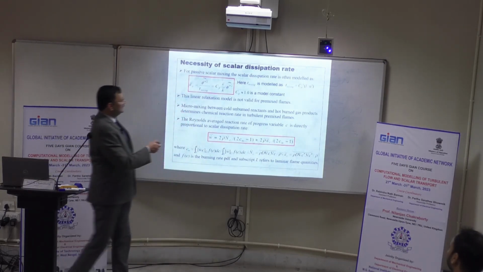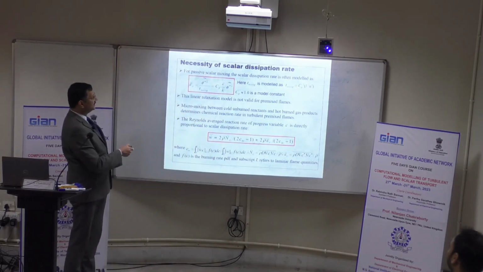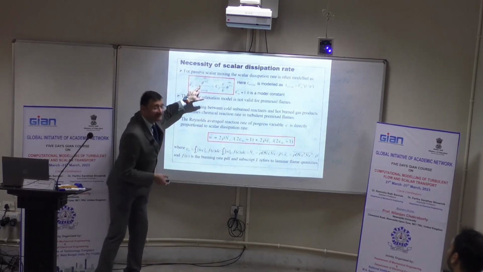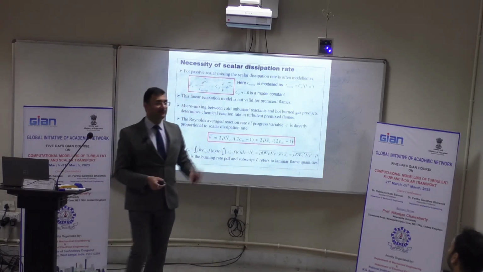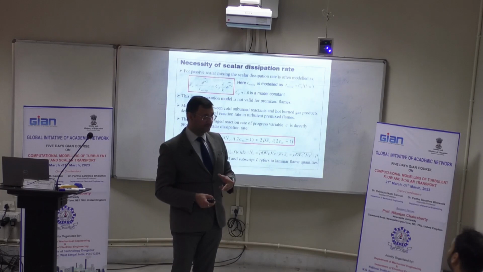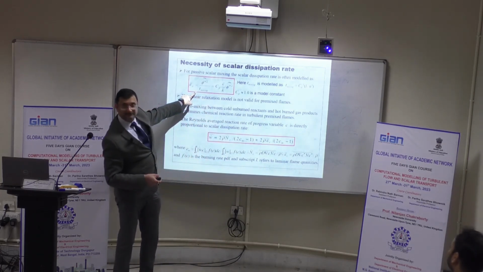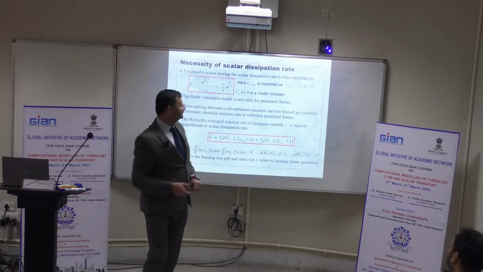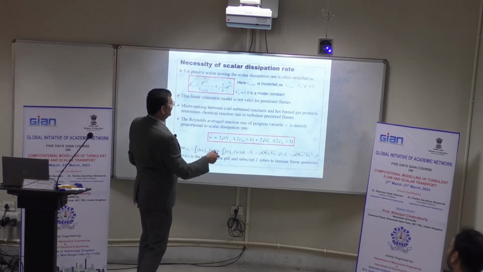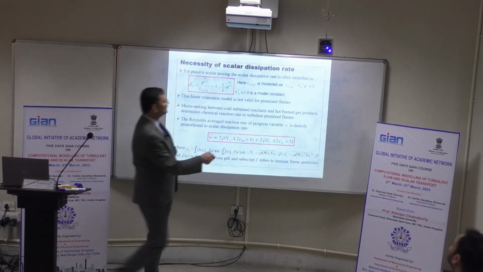Now, for passive scalar mixing, scalar dissipation rate is often modeled like this. Variance doesn't have any unit, but scalar dissipation rate has a unit of 1 upon time, right? So we need the time scale for mixing. And how is the time scale considered? Like this. C5 is a modeling parameter.